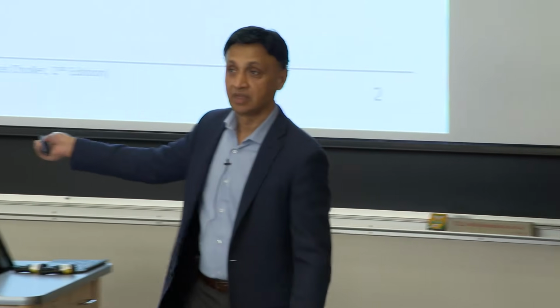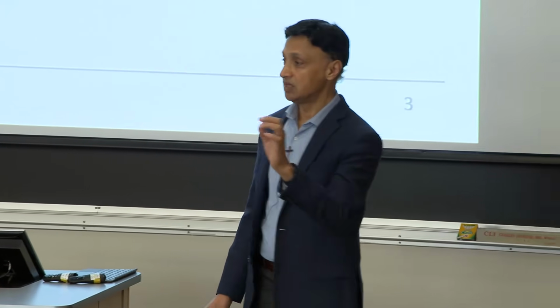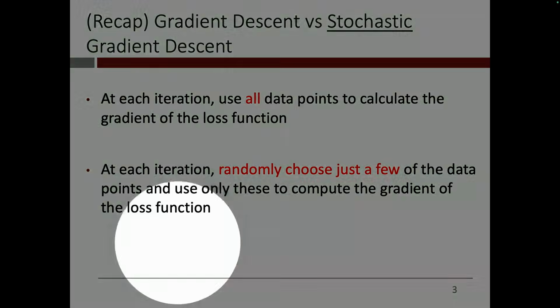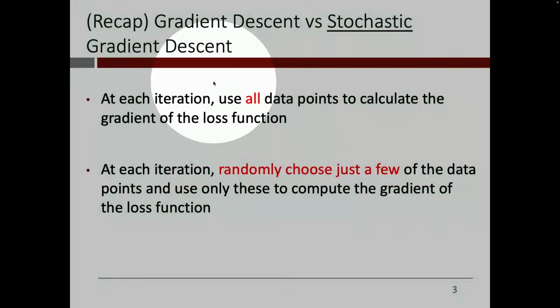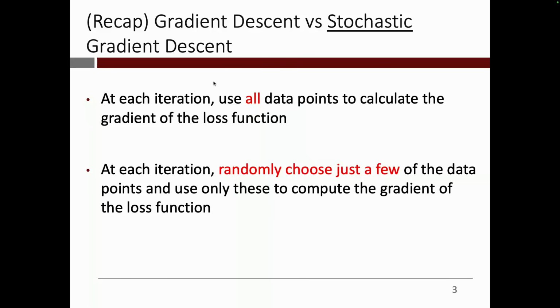Okay, quick recap. Now, we also talked about the optimization algorithm we are going to use, which is called gradient descent. And gradient descent, as you noticed, in each iteration, every data point is being used to make predictions and therefore to calculate the loss and then to calculate the gradient.